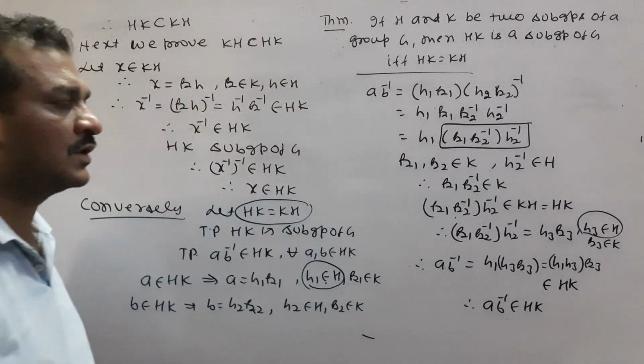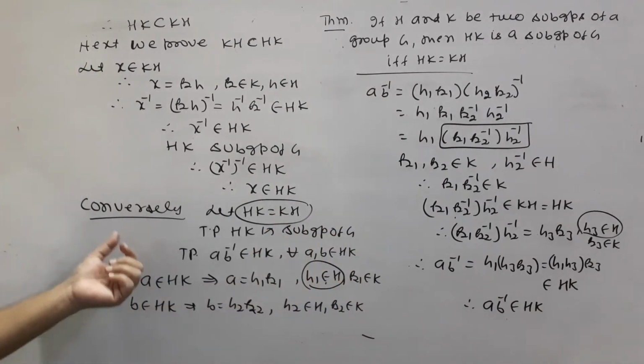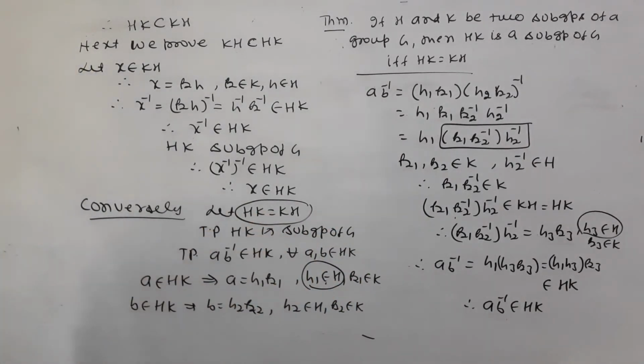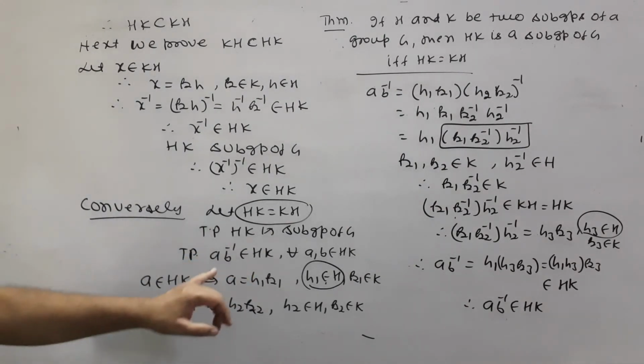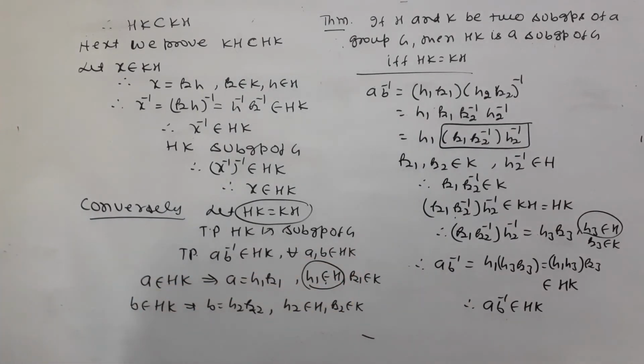So HK is a subgroup of G. Repeating, beta, conversely: let HK equal to KH. To prove HK is a subgroup of G, to prove a b inverse belongs to HK for all a, b belongs to HK.